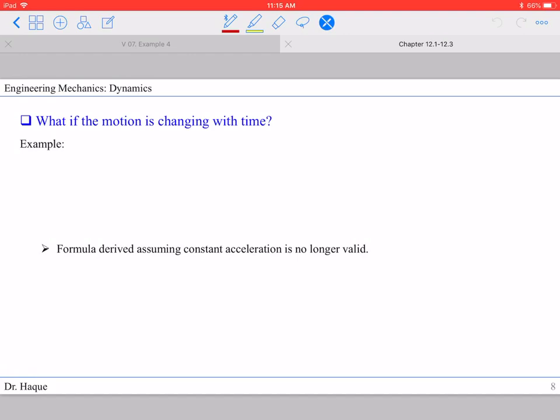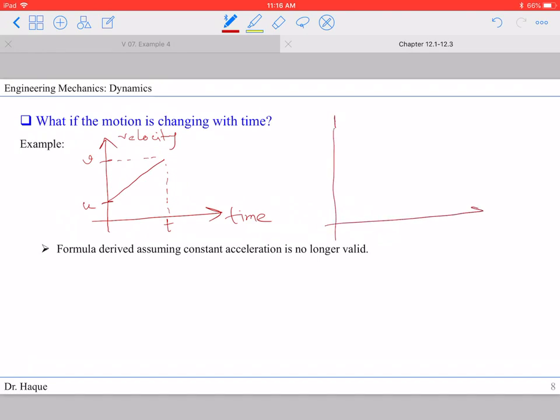Let me draw a graph explaining. This is for constant acceleration. Now, for changing motion, an example could be, I'm driving a car.